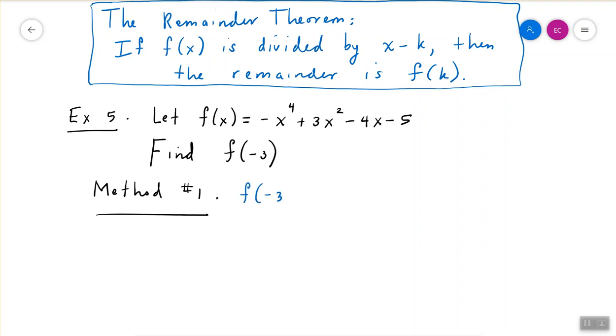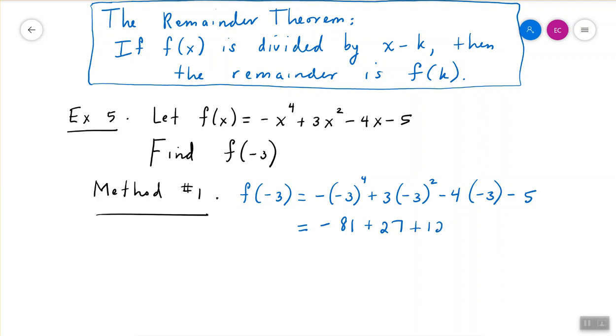So you would have f of negative 3 is equal to negative 3 to the 4th plus 3 times negative 3 squared minus 4 times negative 3 minus 5. And I think if we clean that up, we can agree that the answer is negative 47.